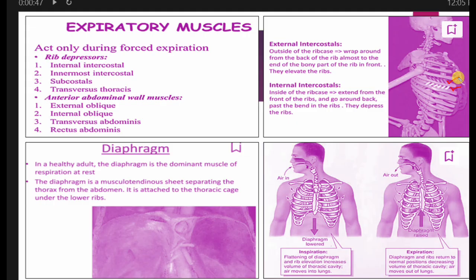Red. Okay, red and yellow on your slide. Okay, it is white and purple on my own slide. All right. So you can easily identify the external and the internal intercostal muscle.